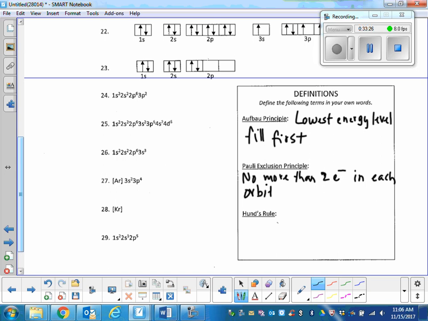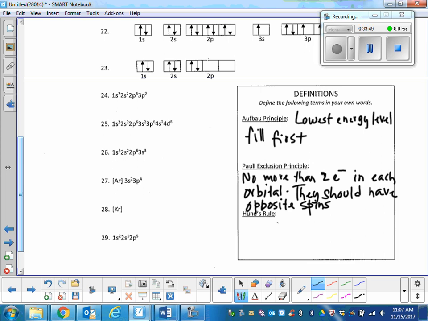And how should the spins be? They should have opposite spins. All right?